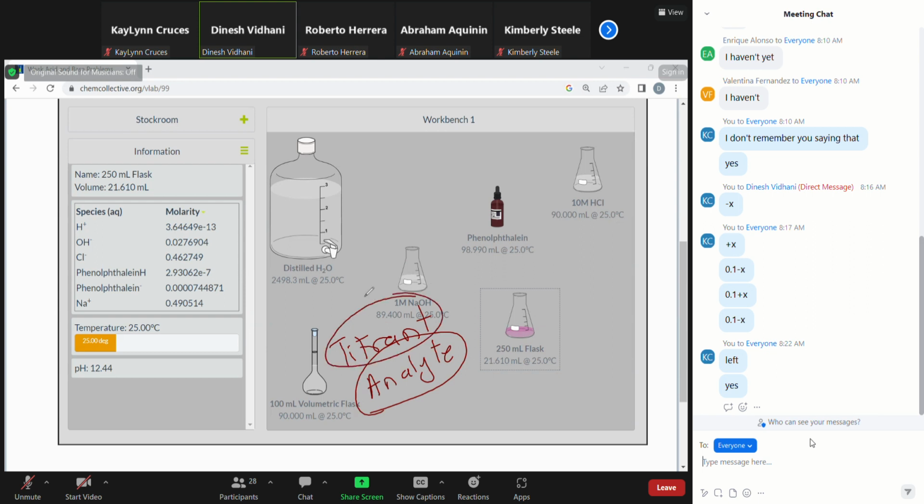So in your flask you will have the analyte, and in your burette you will have the titrant. When you add your titrant from the burette into the analyte in your flask, you will see that reaction, and at the endpoint, it's going to change color. Okay, that would be for the titration.